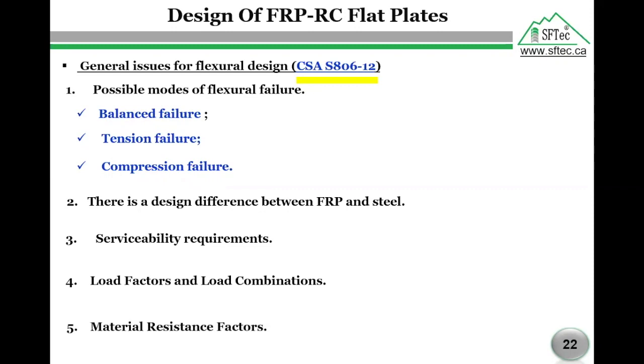Material resistance factors. The concrete and steel resistance factors remain the same as in the Canadian standard A23.3 of the year 2014, while the FRP resistance factor equals 0.75 for all FRP structures, reinforced or pre-stressed.